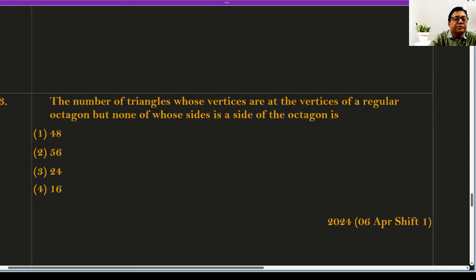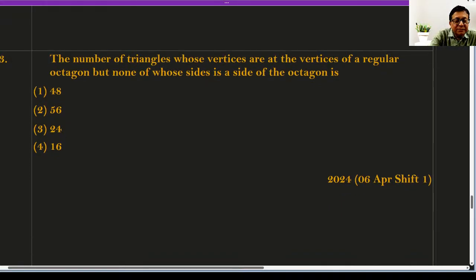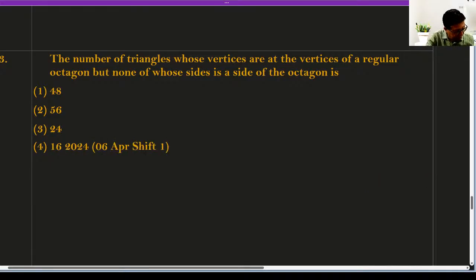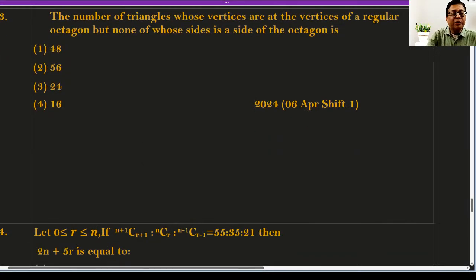We'll do: the number of triangles whose vertices are at the vertices of a regular octagon, but none of whose sides is a side of the octagon. This also came in a recent year, I mean last year only. Okay? Regular octagon I cannot draw here, but I'll try.